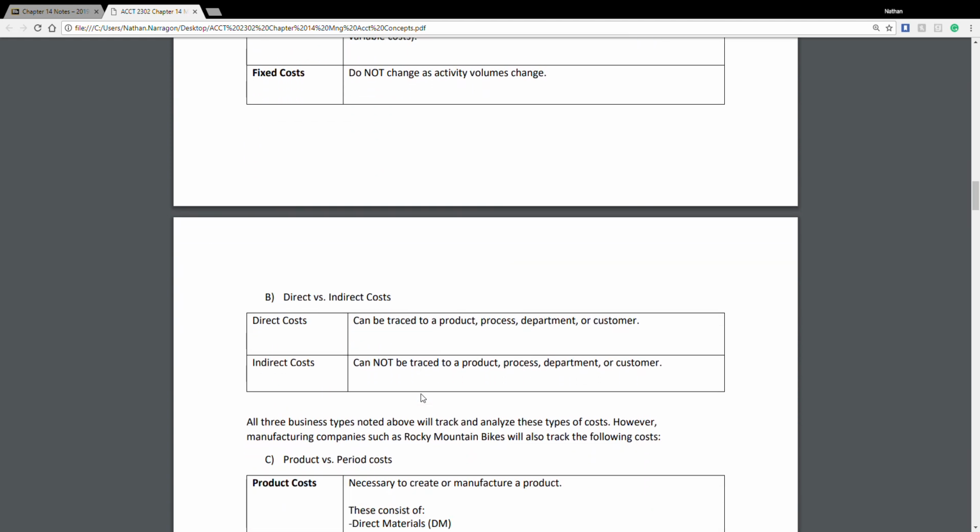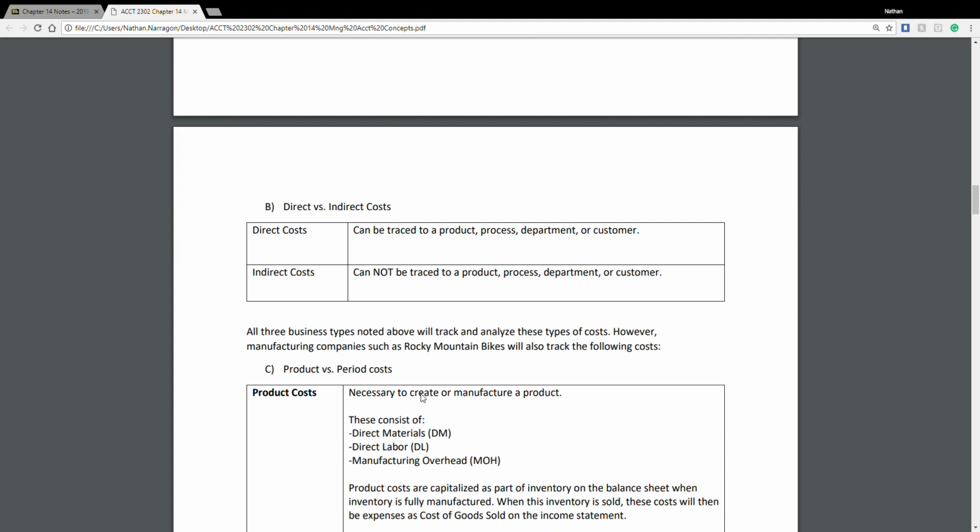Okay. Next one is known as direct versus indirect. Direct costs are ones that we can physically trace to any product, process, department, or customer. So if somebody orders a custom lowrider bike, we can go, this frame went to this bike, went to this customer, and so forth.